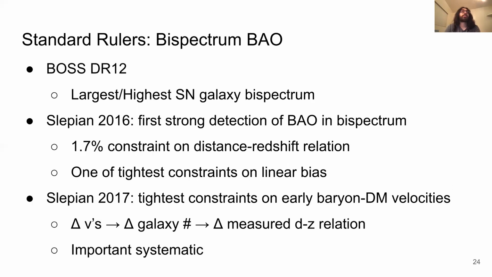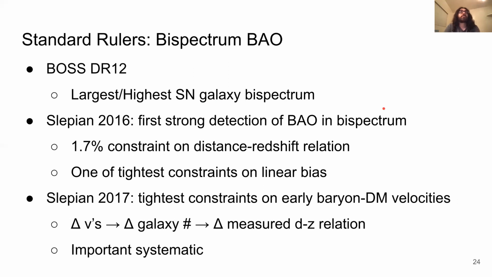Now, one example of using the 3-point or the bispectrum as a standard ruler was done in the BOSS 12th data release. And in this case, they used the BAO feature in the bispectrum. So this BOSS data release was the largest and highest signal to noise galaxy bispectrum survey to date.